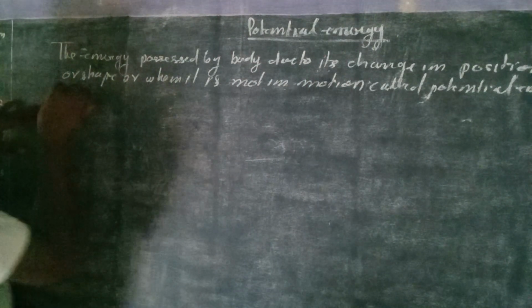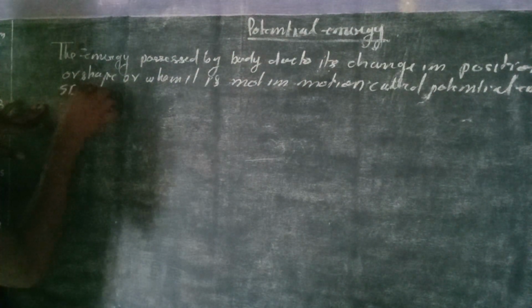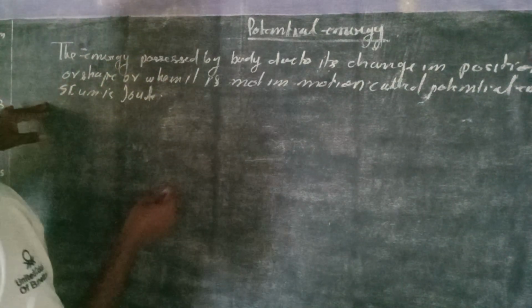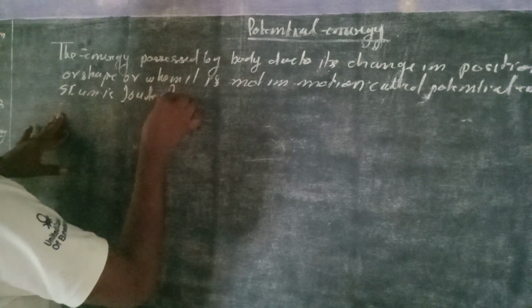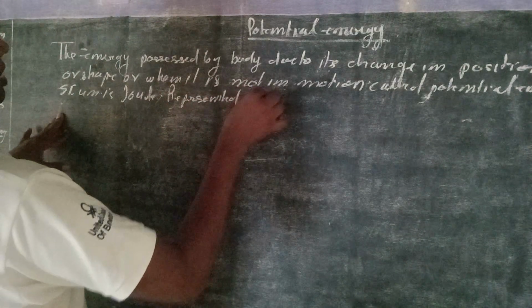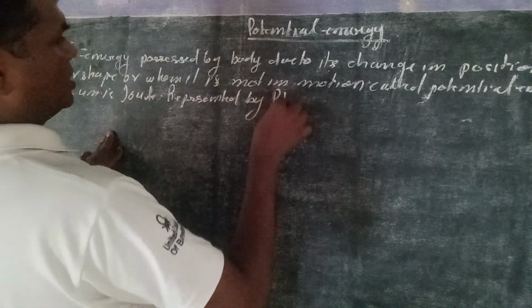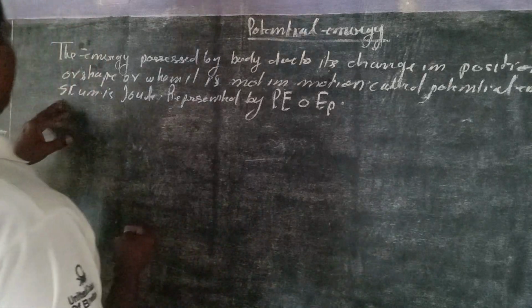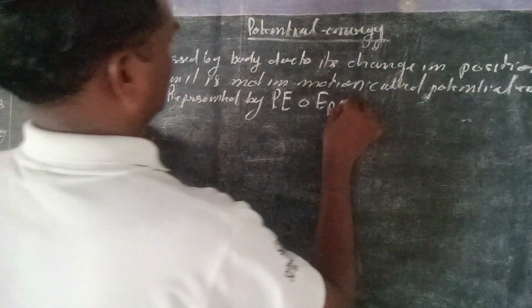The SI unit is joule, and it is represented by PE or EP.